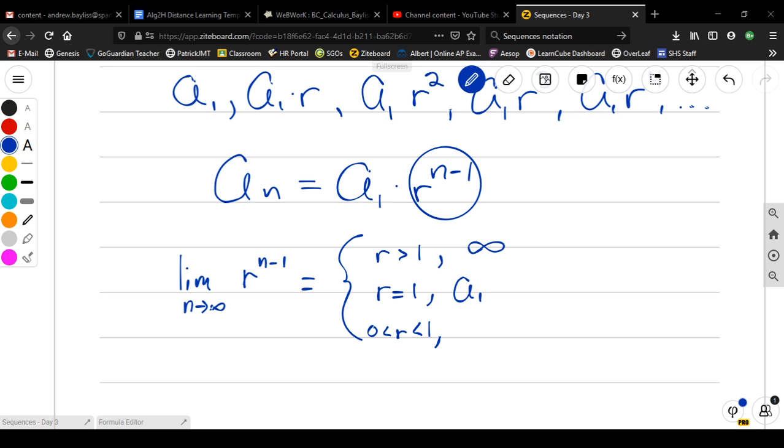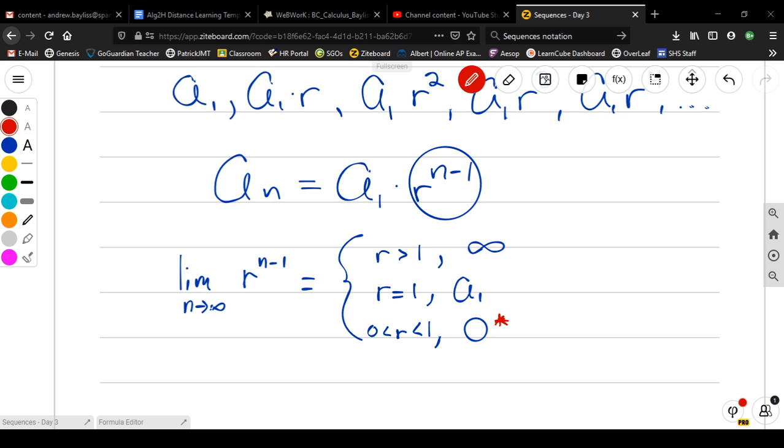For example, your common ratio might be one half, so you take half of the previous term every time. Whatever a sub 1 is, this will be half, then 1/4, then 1/8 and 1/16 and so on. This is where we have a nice convergence to 0.